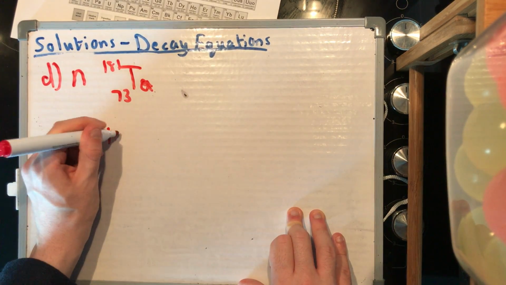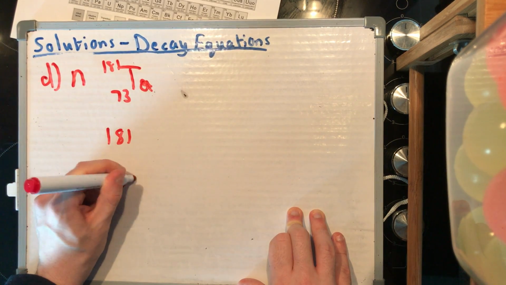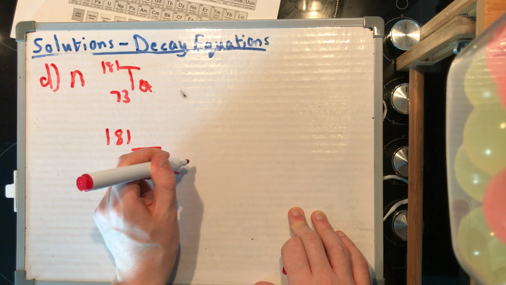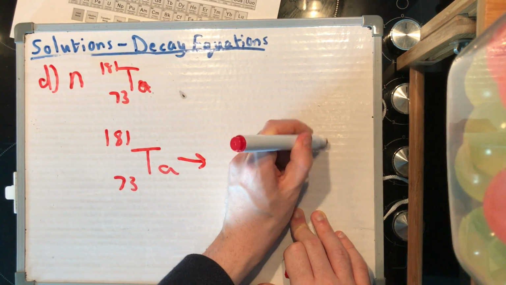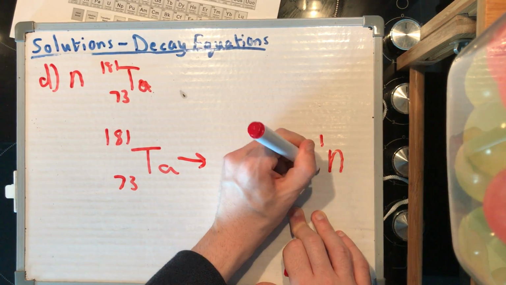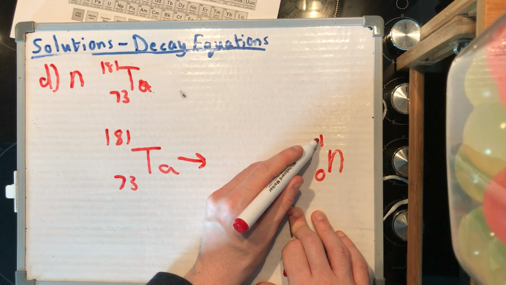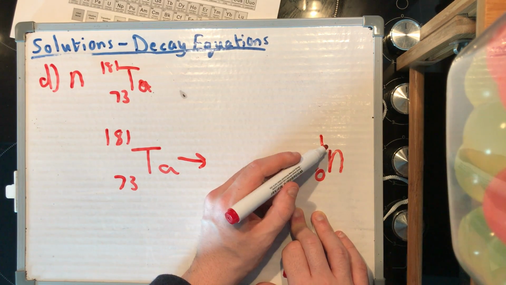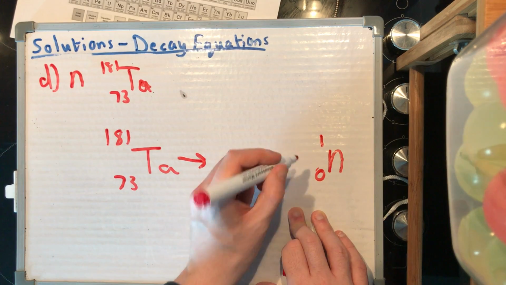So we start off 181, 73 tantalum. That's our initial nucleus. And then that is going to go to, well, we have a neutron, because a neutron is emitted. And neutron is 1, 0, because it's not a proton, but it is a neutron. So no atomic number, no charge, if you like, and 1 atomic mass.